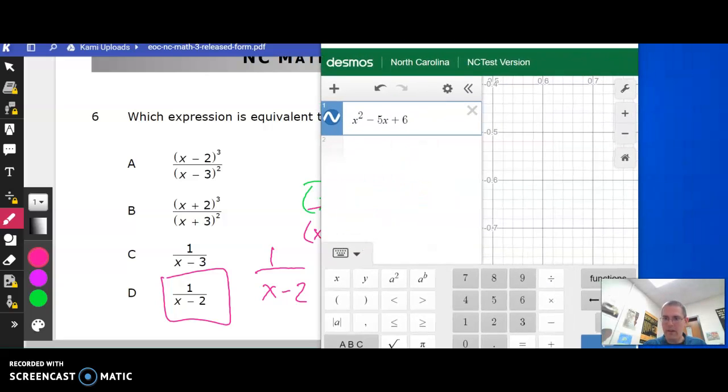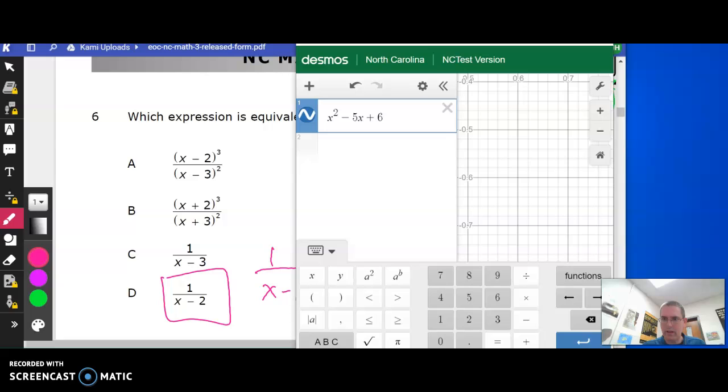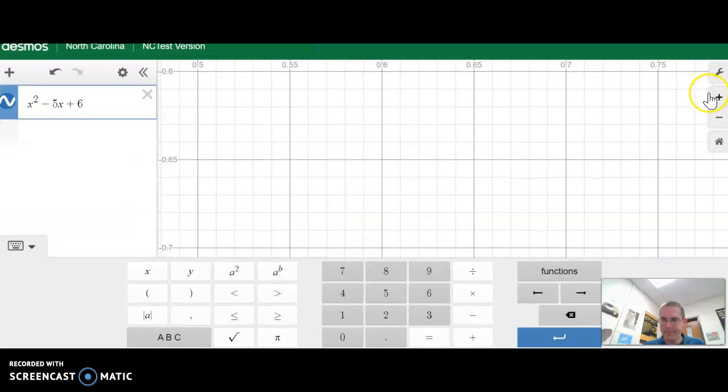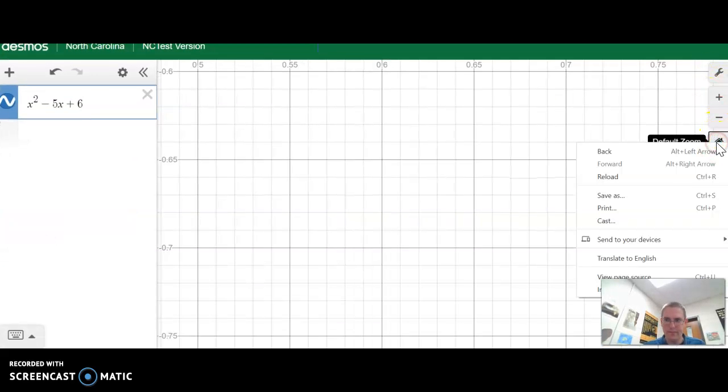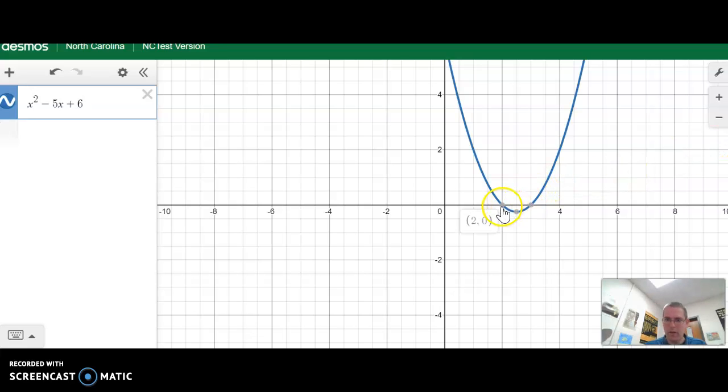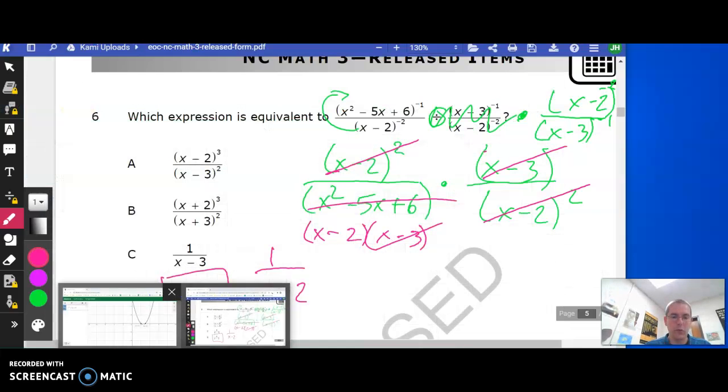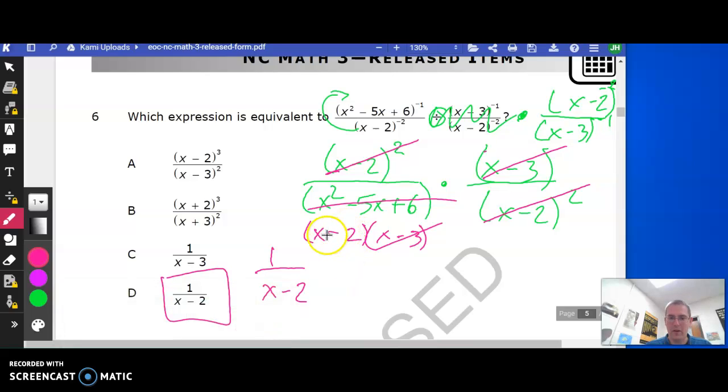And basically these zeros are the roots I get when I do that. Get my graph back home, are 2 and 3. And remember, if I have roots of x equals 2 and x equals 3, when I make factors, the sign switches, put them in those parentheses, so that's why it's an x minus 2 and an x minus 3. So I could have factored with Desmos.